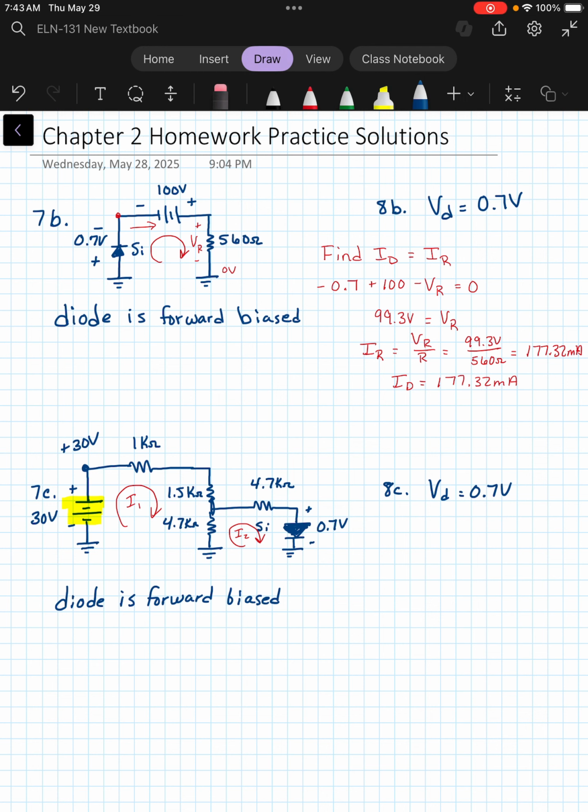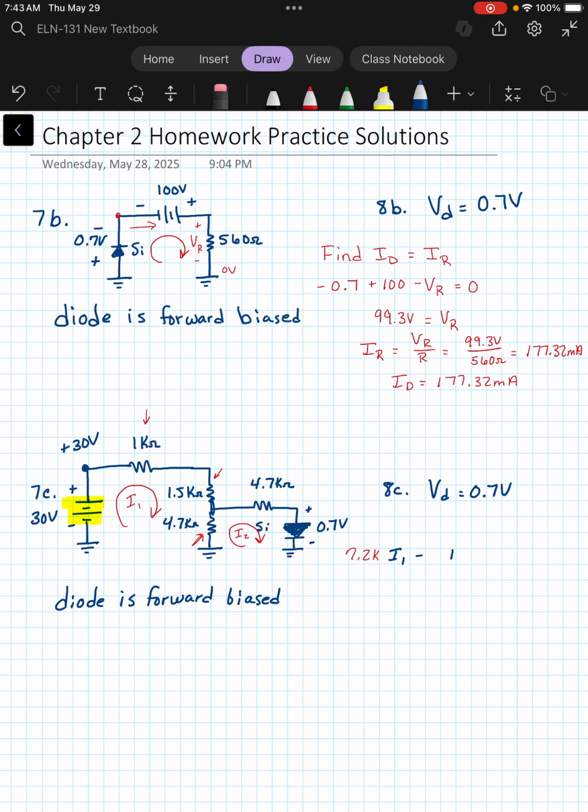So for the I1 equation, for the I1 term, I'm going to sum all of the resistances connected to this mesh. So that's going to be the 1K, the 1.5K, and the 4.7K. When I sum all of those resistors, I get 7.2K times I1.